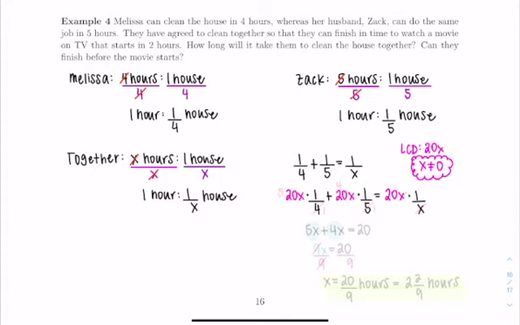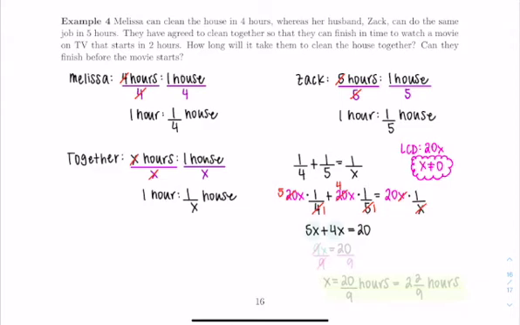And so now we need to cross it off. 4 goes into itself once, and it goes into 20 five times. 5 goes into itself once and goes into 20 four times. And then the x's are going to cancel here. So what we have left over on the top is 5 times x times 1, or just 5x. We have 4 times x times 1, or 4x, equals 20 times 1, which is 20.